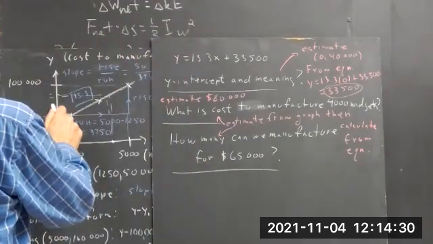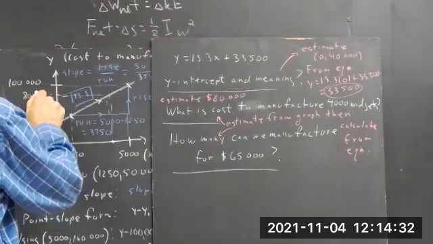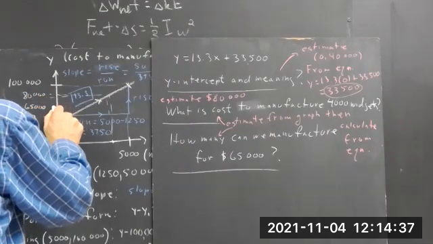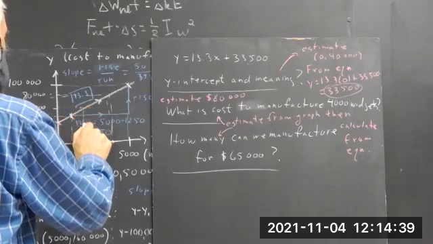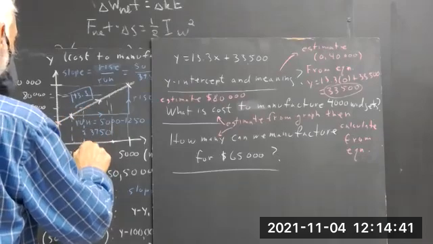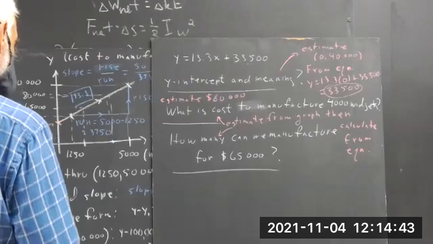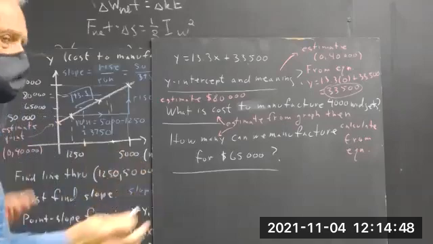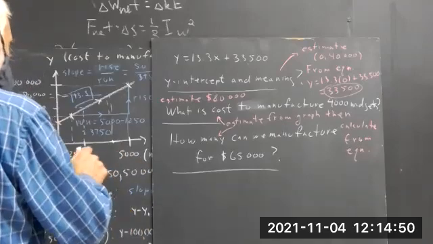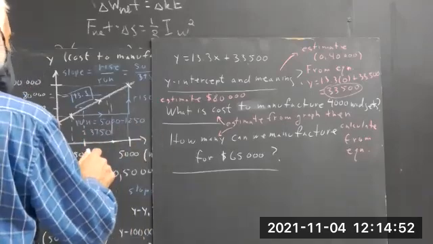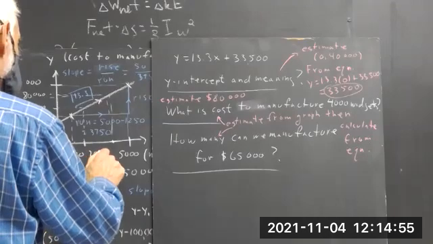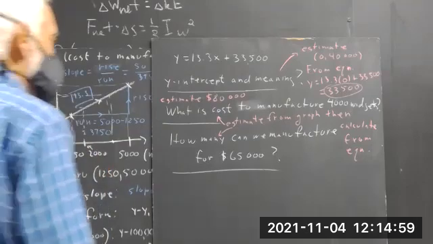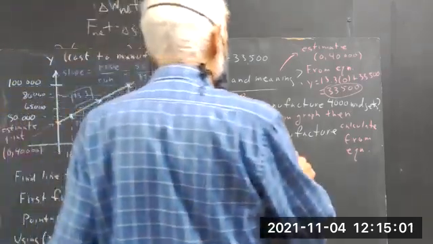Well, you find 65,000 here, come over, put this down, and this adds about 2,000 just on my graph. Okay. We've got 4,500. That's also good. Okay. So that's the estimate.